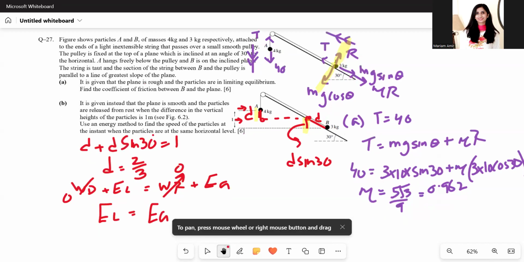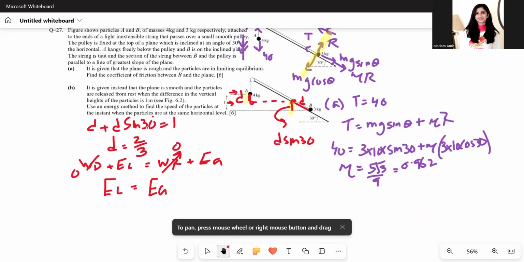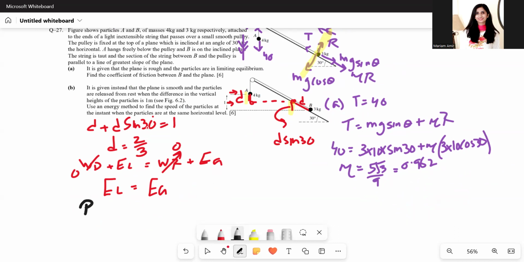Now looking at particle A, as it comes down, it loses its potential energy. So the loss in energy is the potential energy at A. Its kinetic energy would increase, so that won't be counted here. That's going to be counted on the other side. So the kinetic energy of A increases.